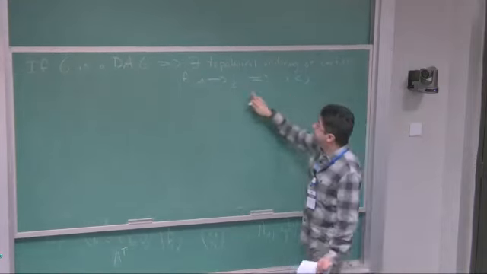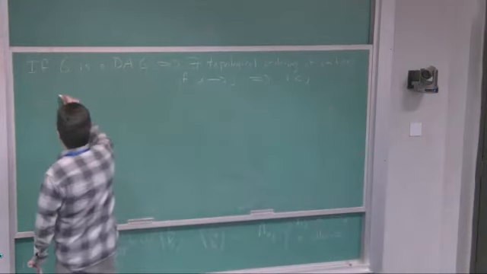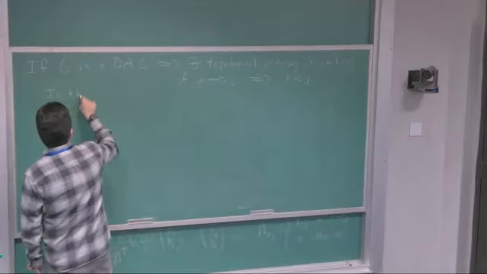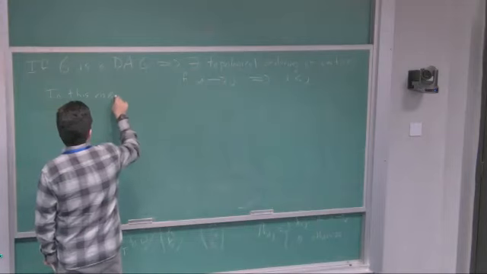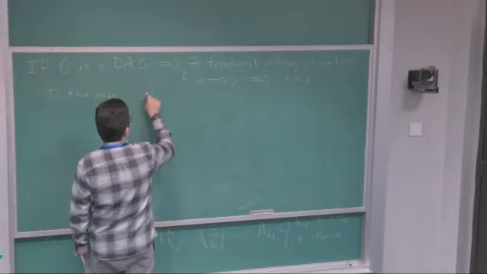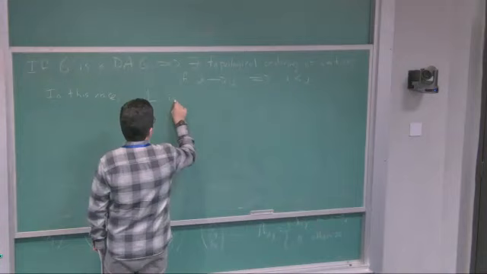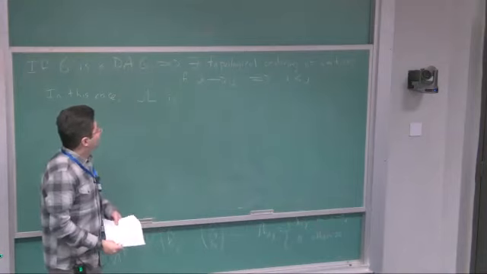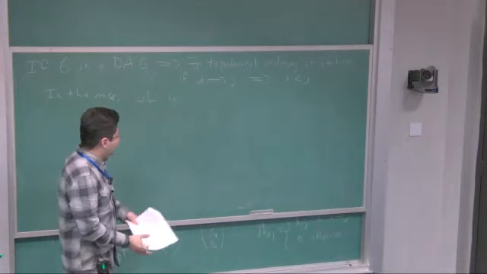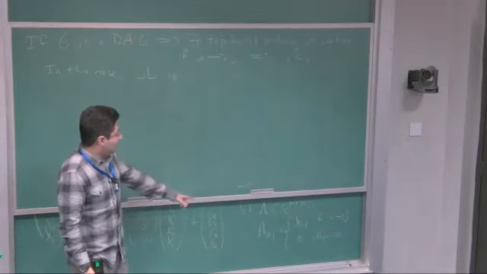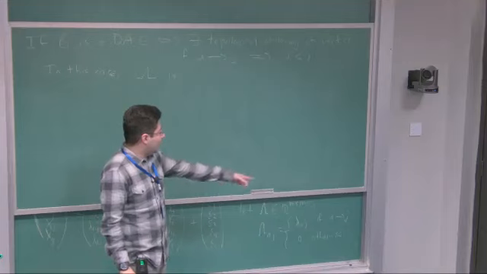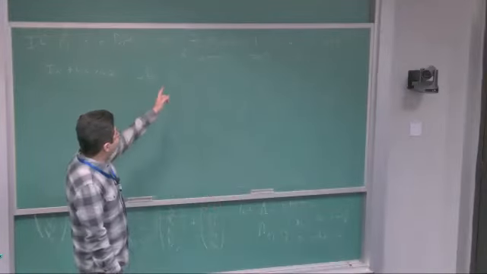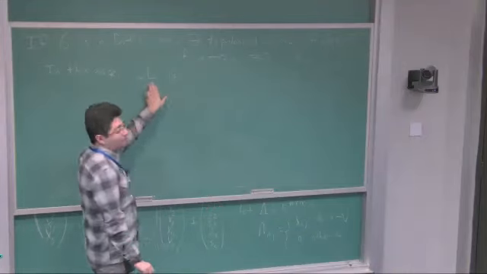And if this is true, in this case, this lambda matrix, what kind of matrix is it? Remember, lambda is defined here: lambda has entry lambda ij whenever i is pointing to j and 0 otherwise. So if this holds, what kind of matrix is lambda?